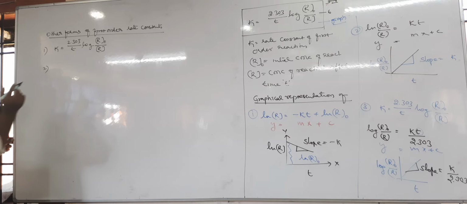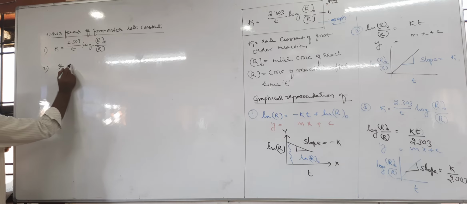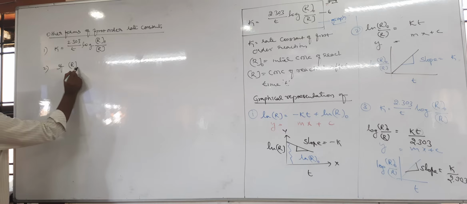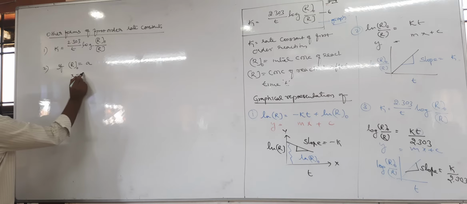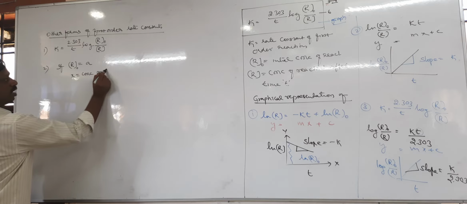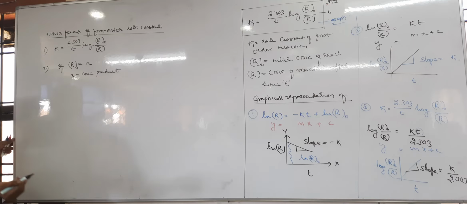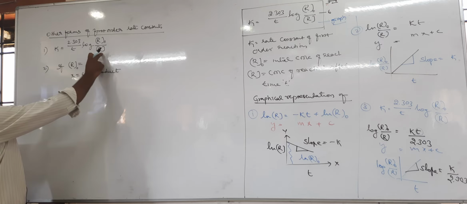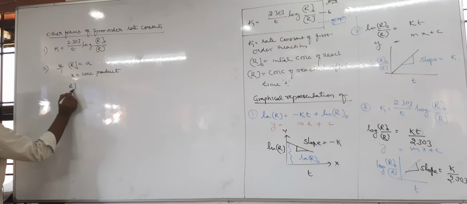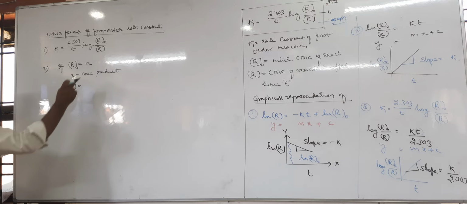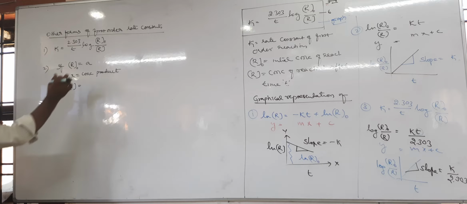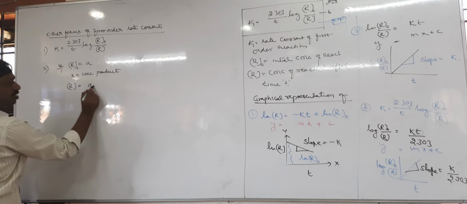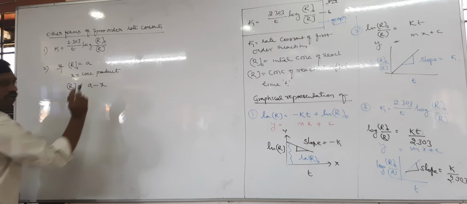Second form: let us take r naught as the initial concentration, A. So r naught equals A, the initial concentration, and x equals the concentration of product. Then r is the concentration of reactant left after time t, which means initial concentration minus concentration of product.